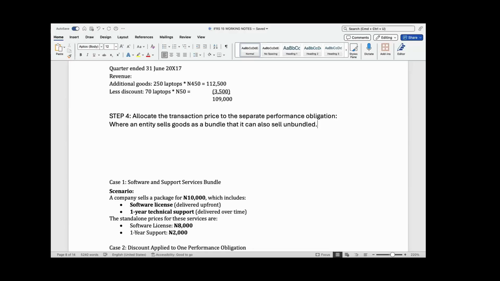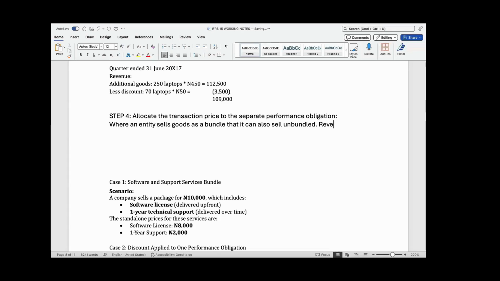So that's bundled goods or services. And these services, ordinarily, you sell them unbundled, meaning you sell them separately.